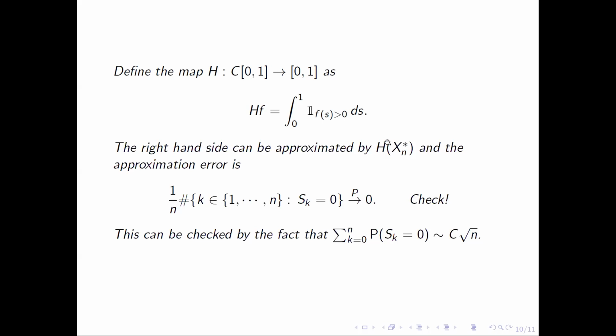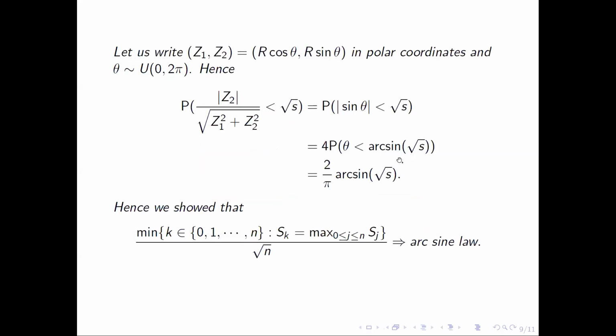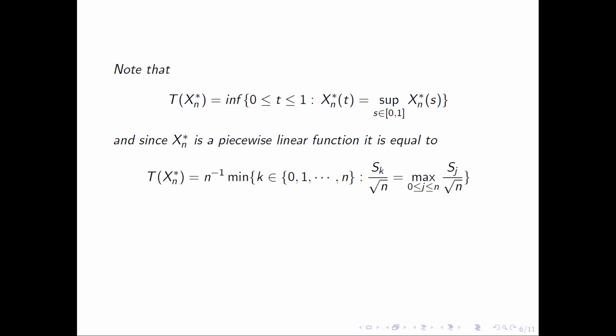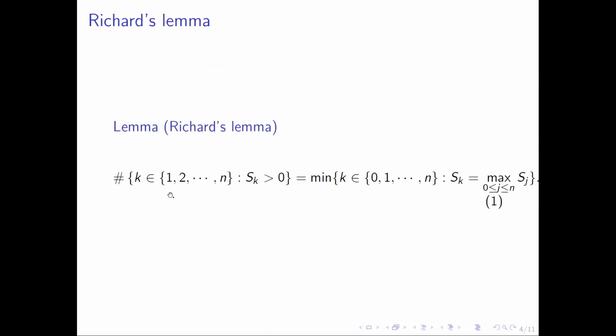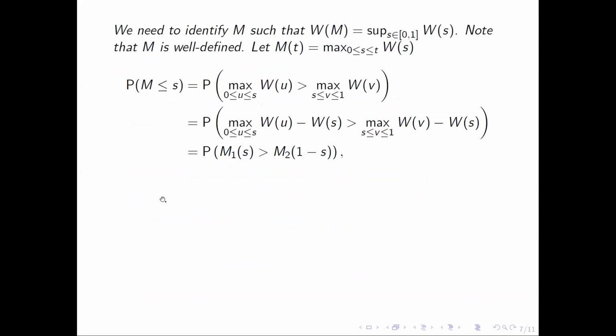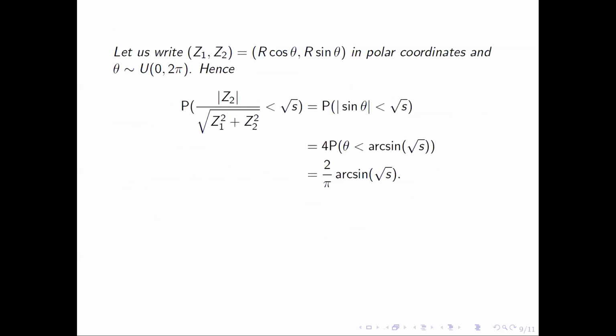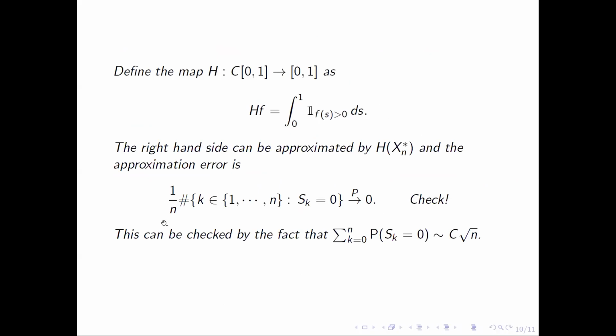So what you can do, you can show that if you apply this, there is an approximation error in the sense of how far this is from the left-hand side of the Richard's lemma. We find that the difference is of the order of the number of k such that Sk is 0 in the simple symmetric random walk, and this goes to 0.